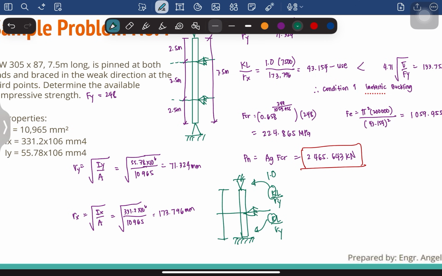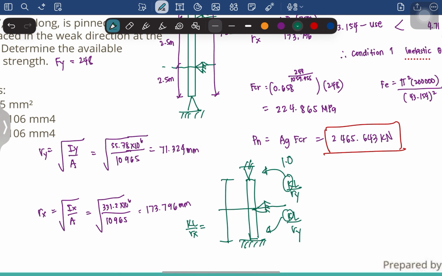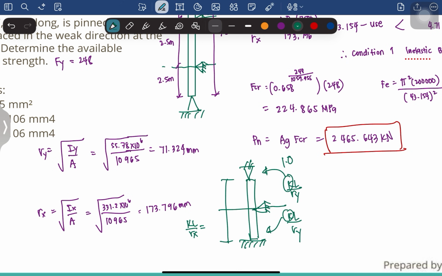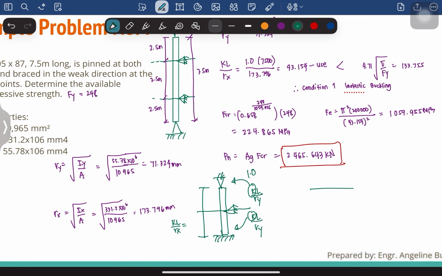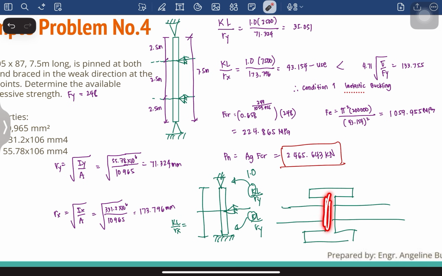Then, may isa pa. Yung buong section. Kung buong section, yung KL over rx, yung strong axis niyan, wala diyan talagang nakakonek na bracing kasi strong na siya. So, imagine niyo yung section mo. Ito yung top view. Then, may nakakonek diyan na bracing. So, yung sinasabing weak direction is ito, kasi prone siya sa bending.